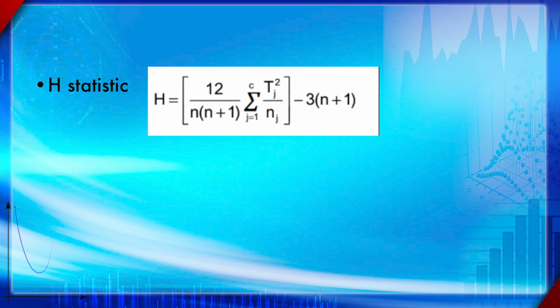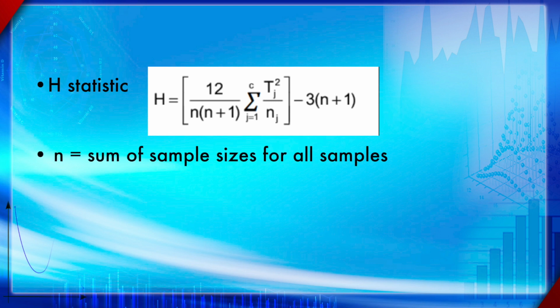So what are these values here? N means the sum of sample sizes for all samples, the overall sample size. While C means the number of samples, sometimes also represented by the letter K. So it is basically the number of groups.